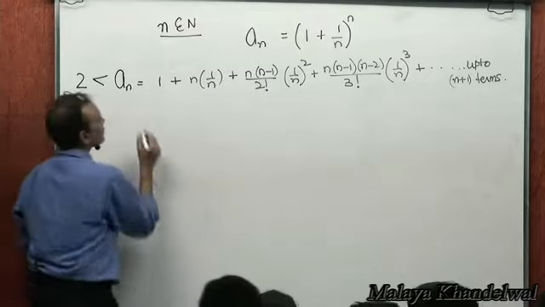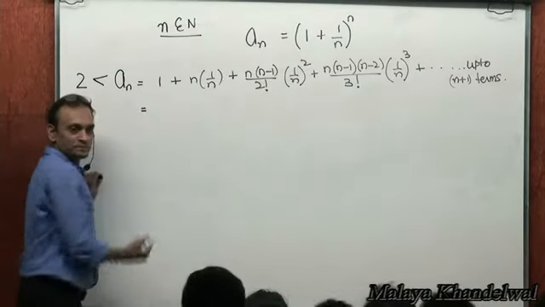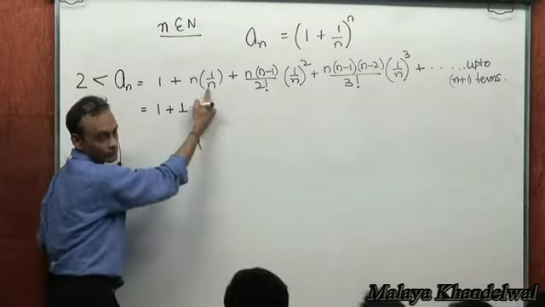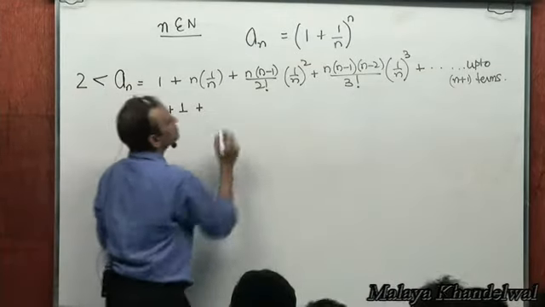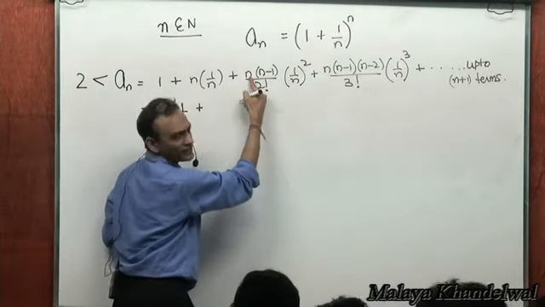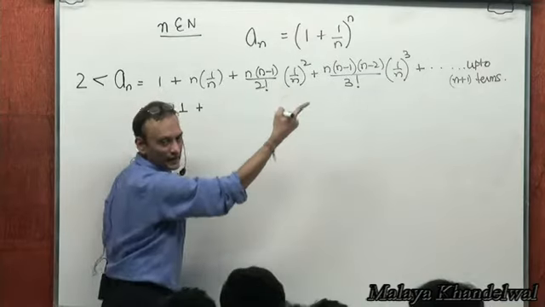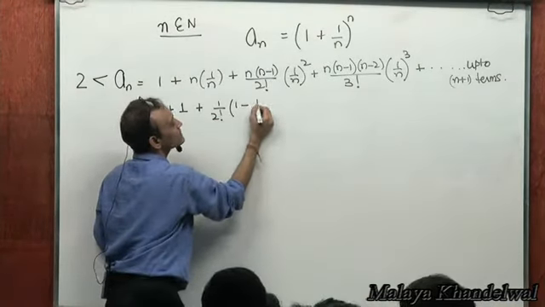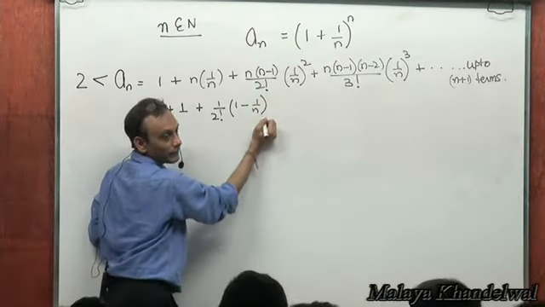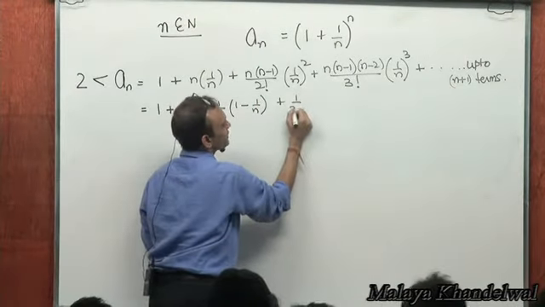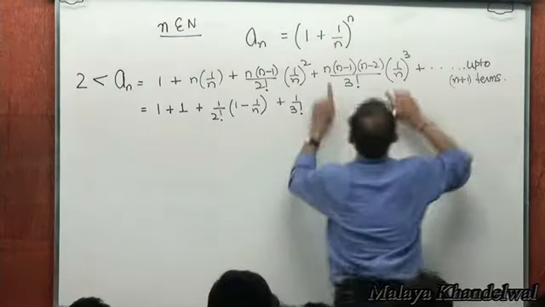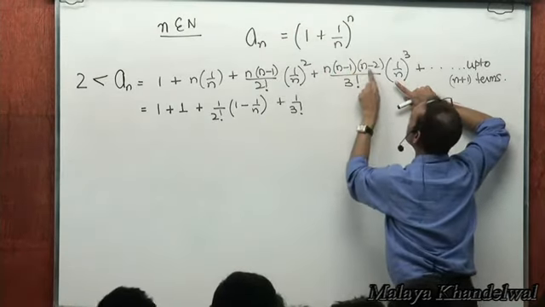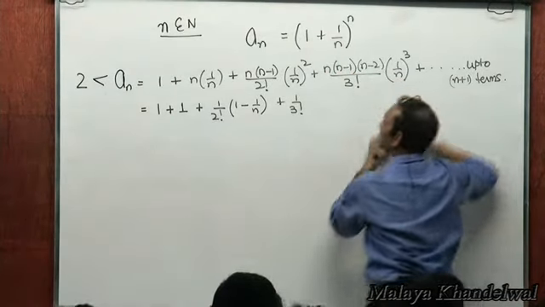Now, this I could write as 1 plus 1 plus, if I divide by n squared, this n will get cancelled. This will become 1 minus 1 by n, so this will become 1 by 2 factorial into 1 minus 1 by n. This will become 1 by 3 factorial, n cubed, one n will cancel this n, and this will become 1 minus 1 by n into 1 minus 2 by n.